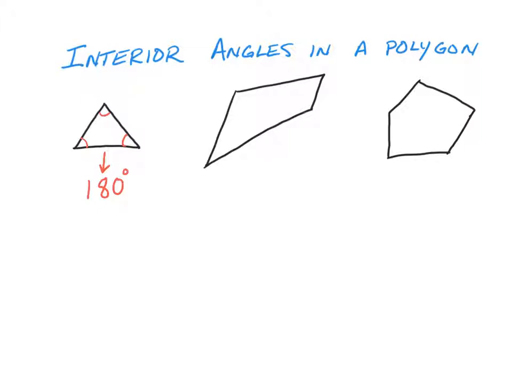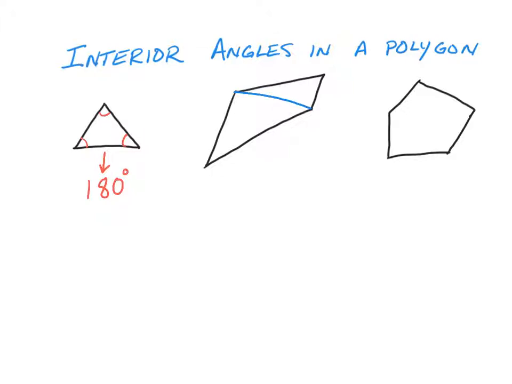Well, many of you know that a square has 360, but any quadrilateral will also have 360. And the reason here, and I'm trying to keep this as short as possible, is we can divide up the quadrilateral into two triangles.